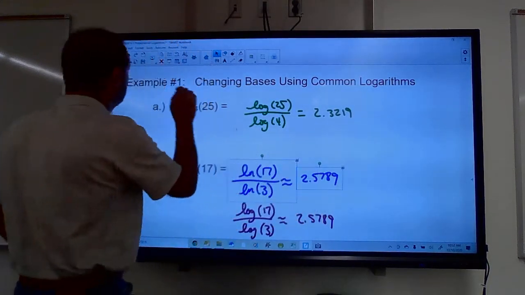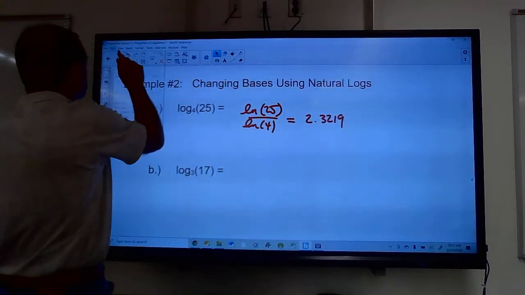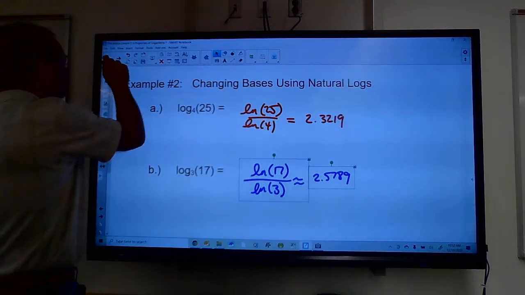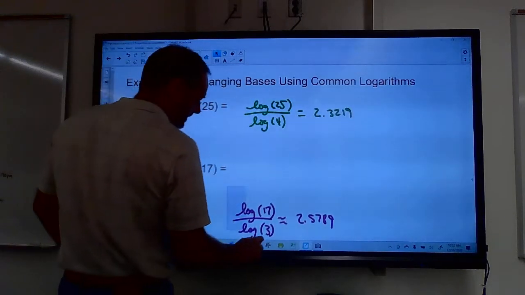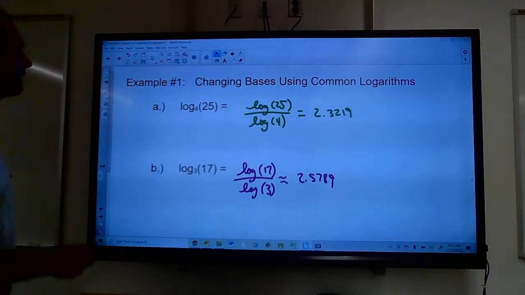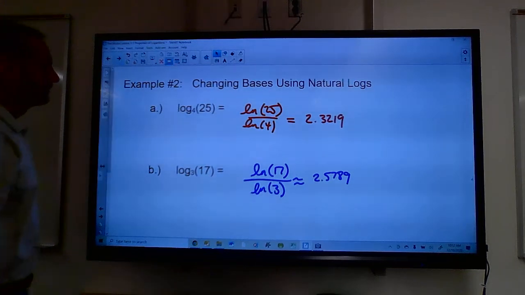This right here should go right there, and I can take this and move it up here. Helps to read the directions. Okay, so example 1 and example 2, we did them together. No big deal, they're both done.